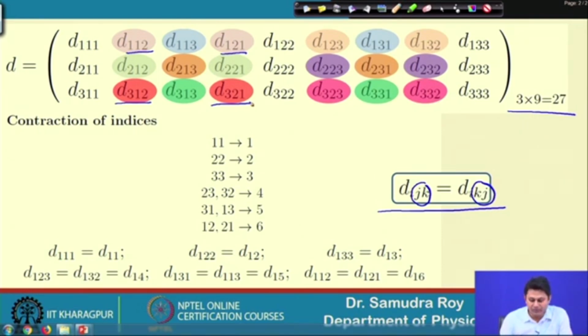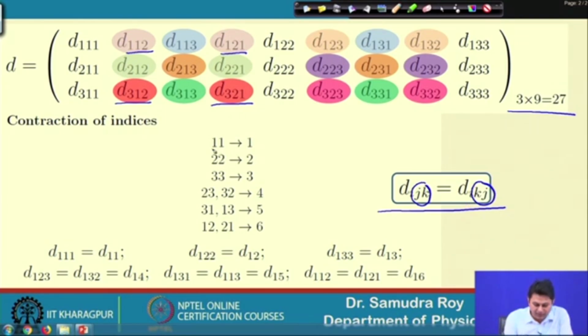If I now write this D matrix under the contraction of indices, then since j k is equal to k j, we will not write every time the three independent indices like i j k, rather we will contract the indices, and there is a new way to write these components, so that we can have a reduced form of the D matrix.